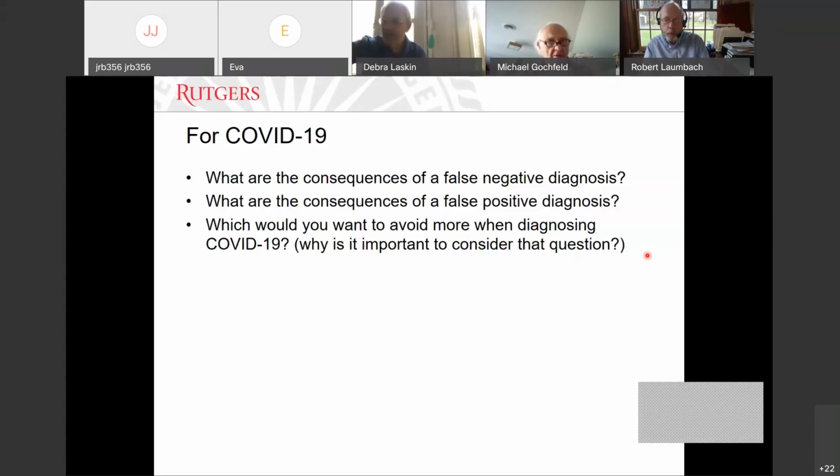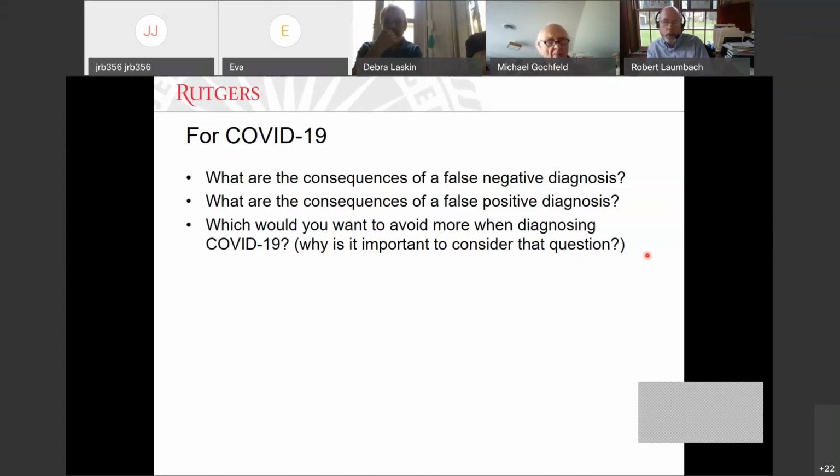We can move that cut point to make the test more sensitive by relaxing it, or more specific by making the cut point more stringent.